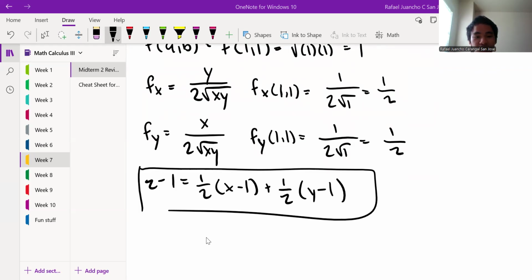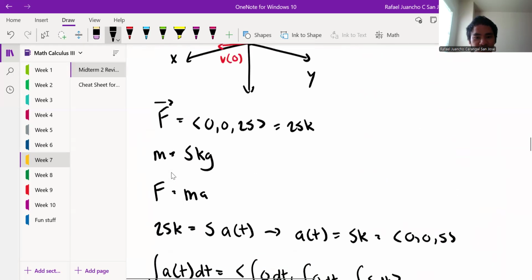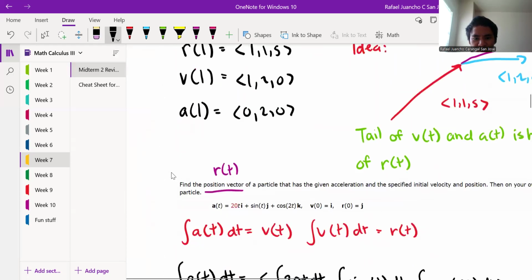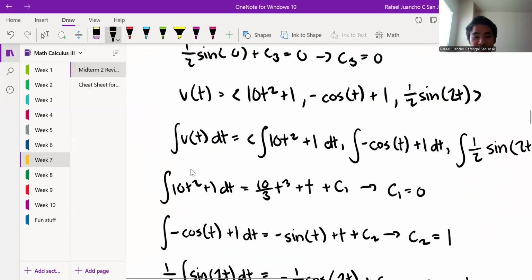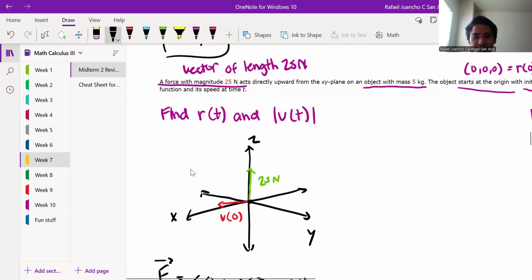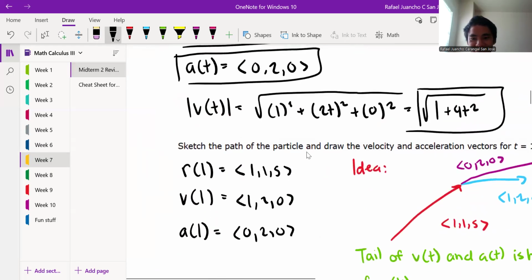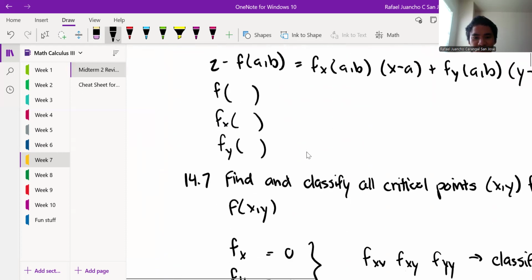Oh, so there's also a linear approximation, which I don't think our professor will give in the exam. I almost forgot about that. Linear approximations, yeah, that one was a thing, apparently.